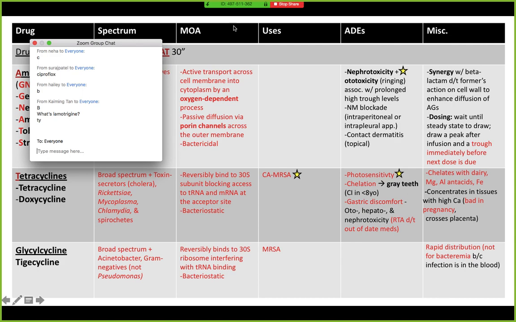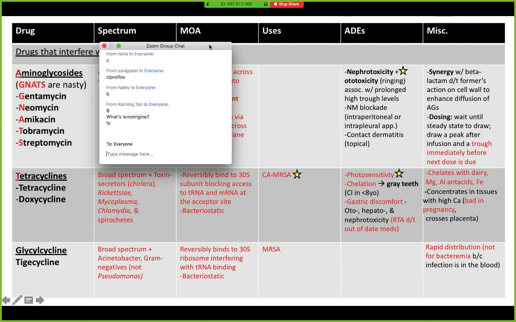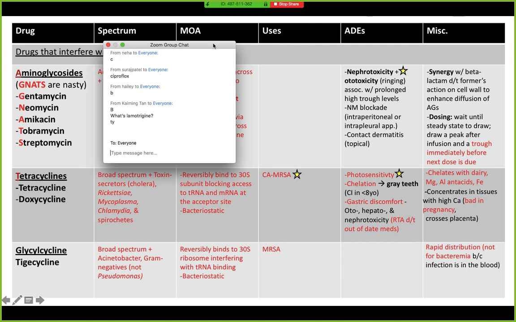And then they'll say, which of the following antibiotics is this patient most likely taking? And it's going to be one of the aminoglycosides most likely. For tetracycline, a commonly tested adverse effect is going to be photosensitivity.